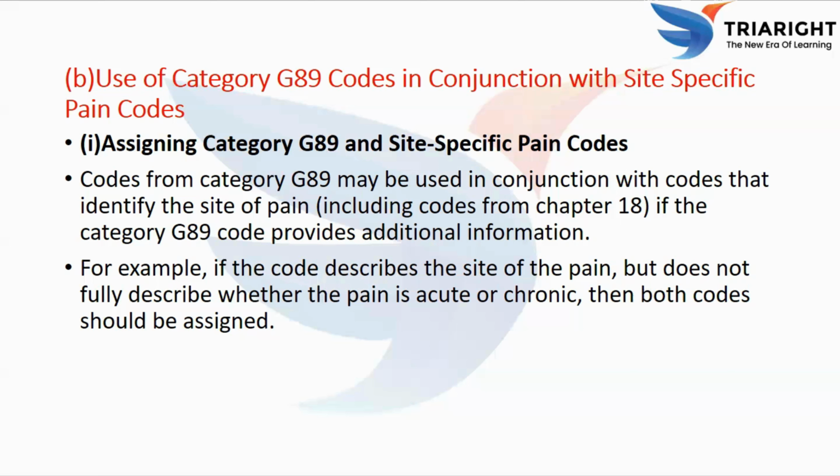The site-specific code does not mention the type of pain, so you have to assign both, one for the site and one for the type. One code tells where and the other tells what kind of pain. This is why you have to use both in conjunction.